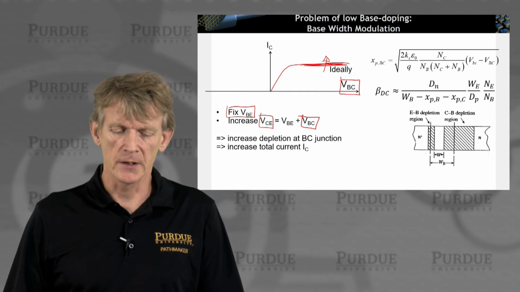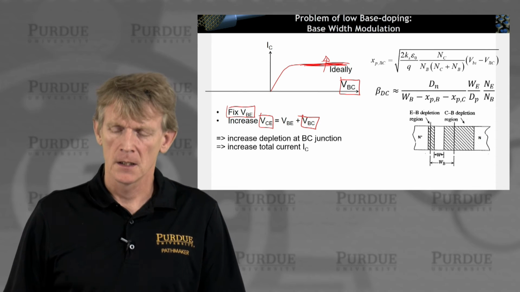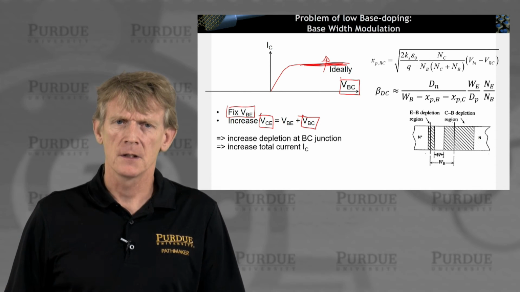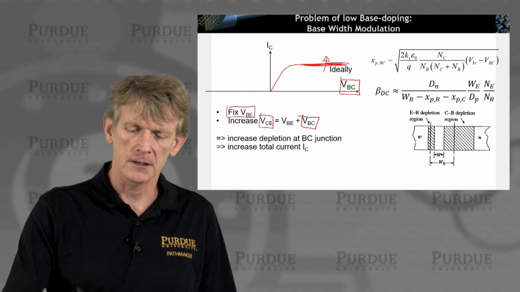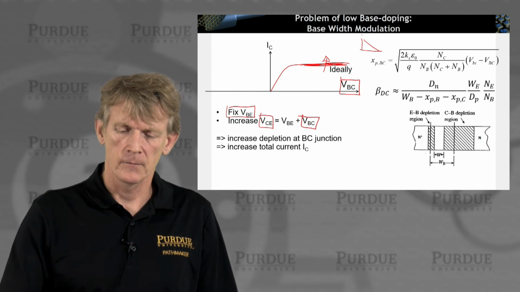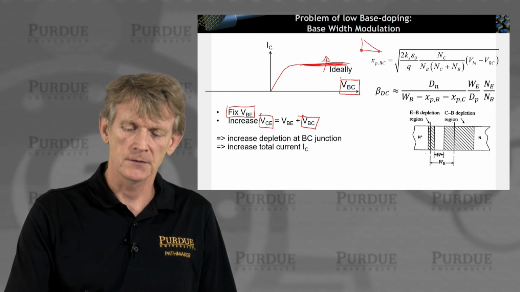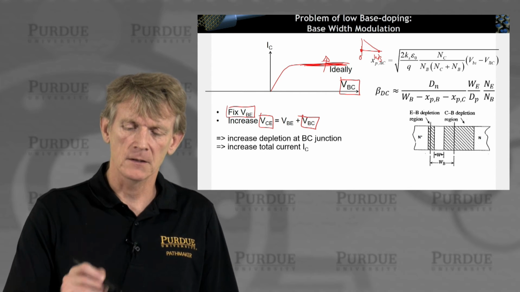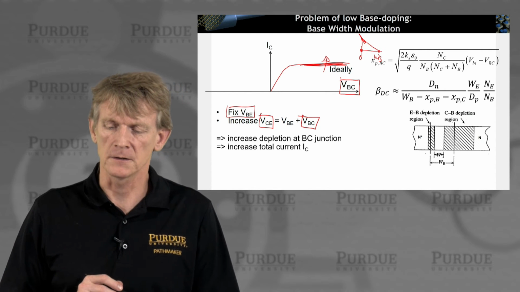And as you do that, you increase the depletion of the base collector junction. And if you do that, then you increase the total current IC. Because remember we had sketched current in the junction that goes down from the beginning at 0 to WB. And if I make this smaller, I'm changing the slope here, and therefore I'm making the current bigger.